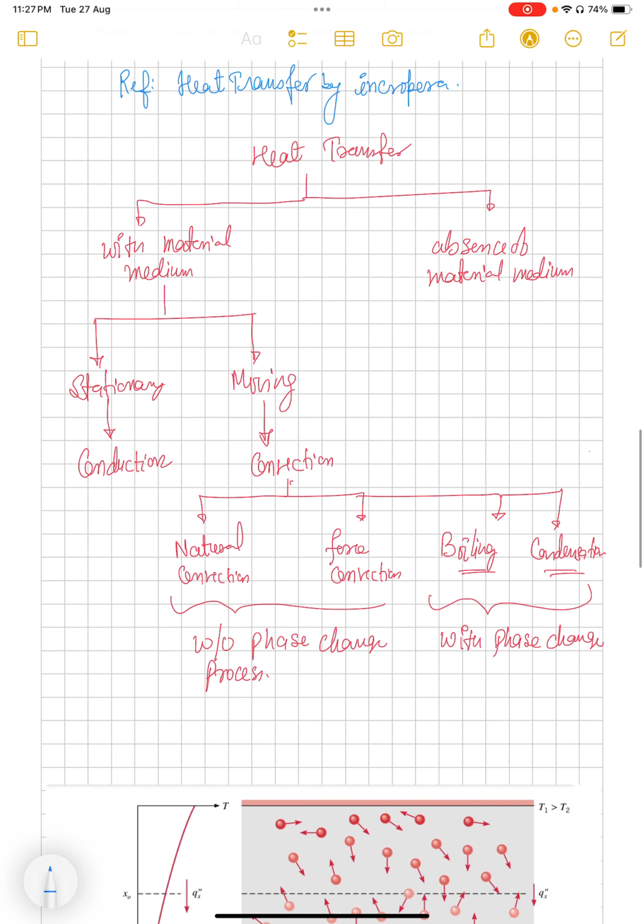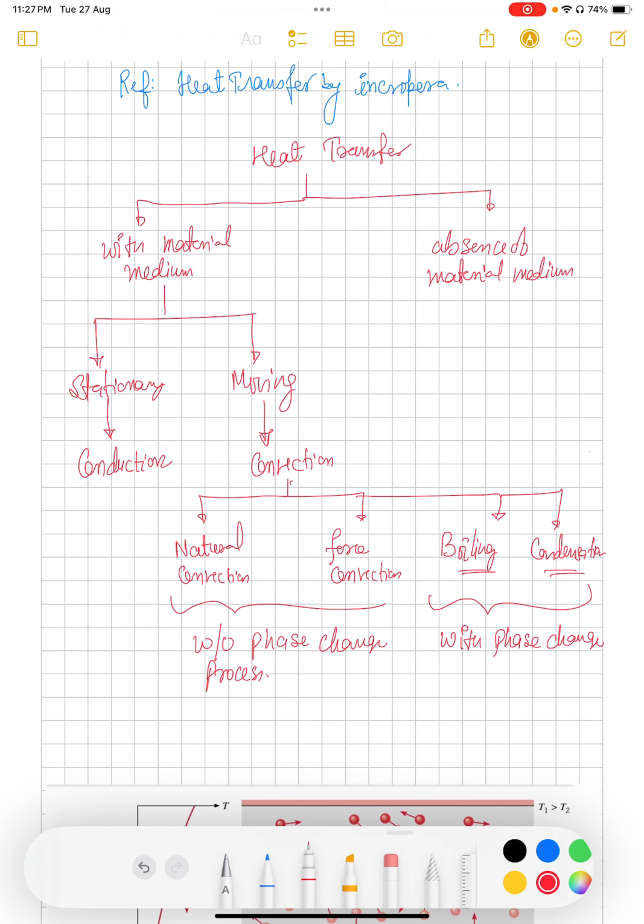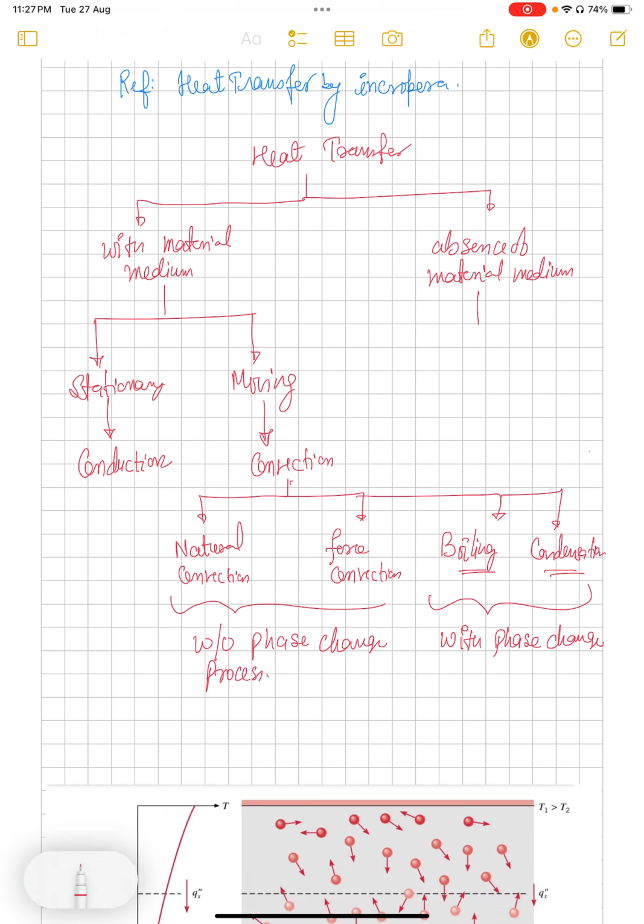And in the absence of a material medium, you can guess the heat transfer is nothing but radiation. Radiation actually doesn't require any material medium.